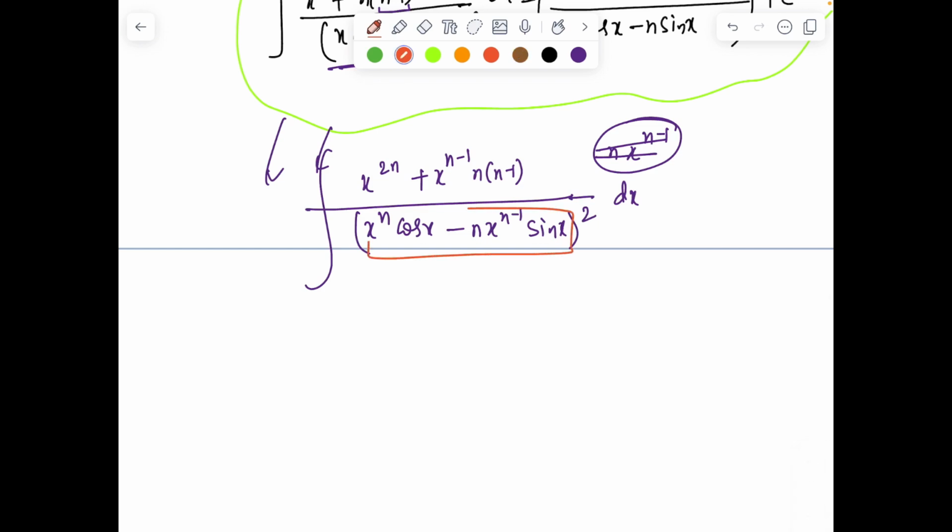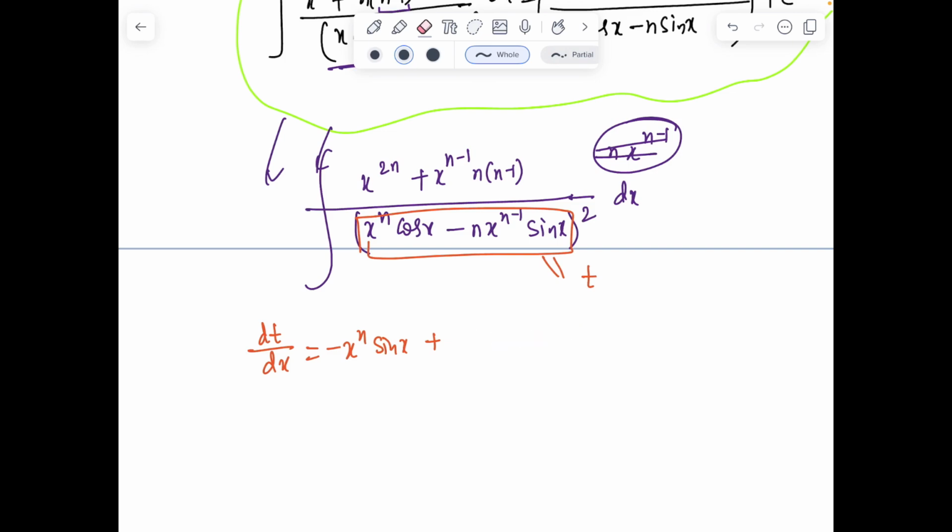Because here if I take this entire stuff as some t, then dt by dx is going to be x to the power n minus sin x plus n times n minus 1 cos x into x to the power n, nx^(n-1), sorry.